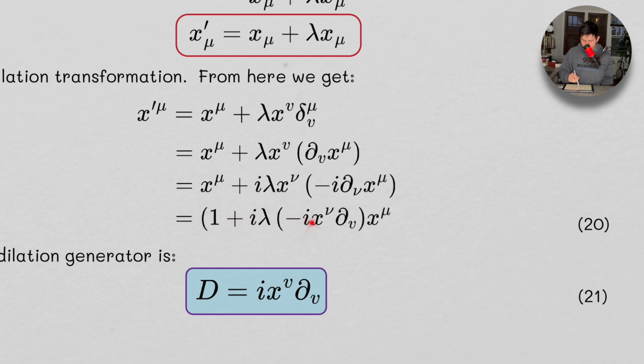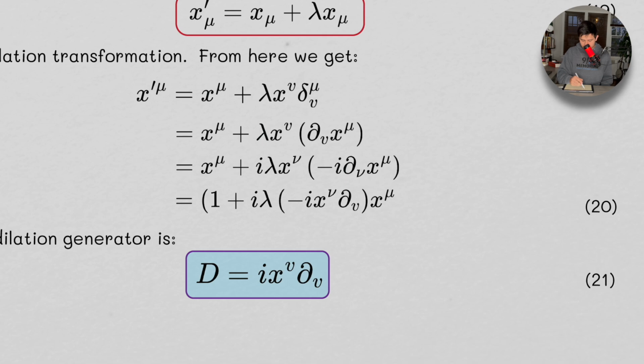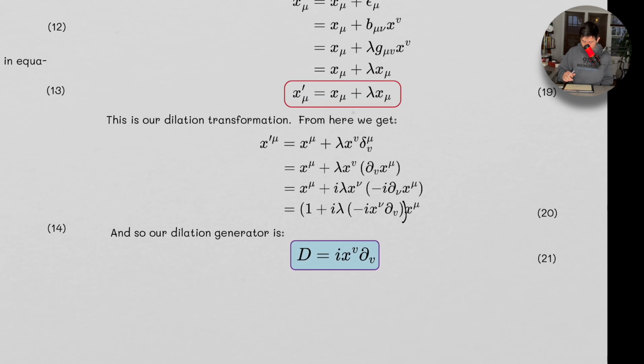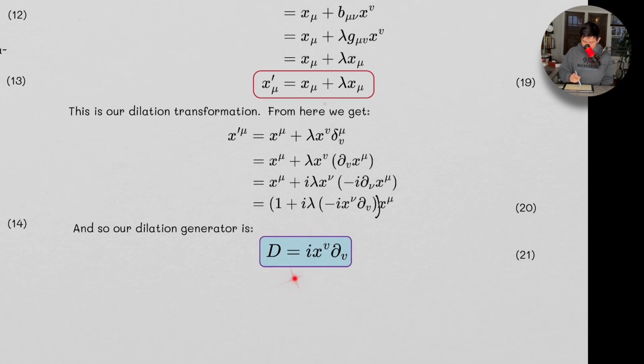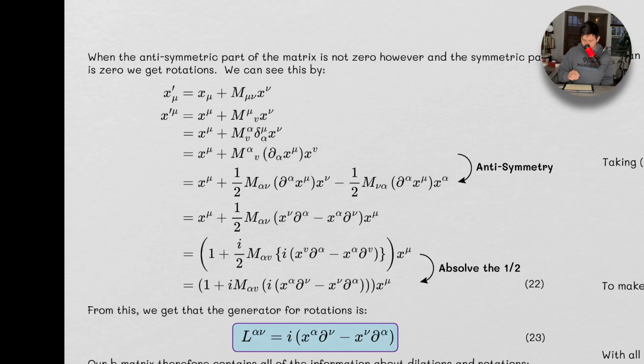This is our generator then. Right. Okay. And I'm realizing right now there should be another parenthesis there. And so our dilation generator is this guy. All right. Let's move on. Stretch.